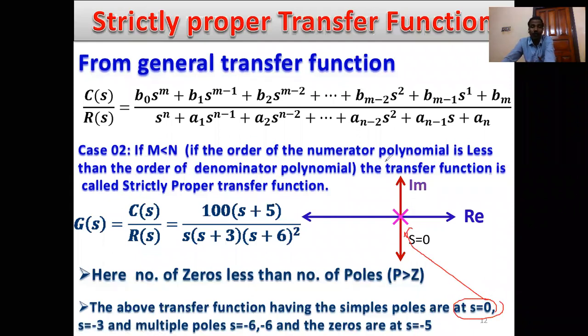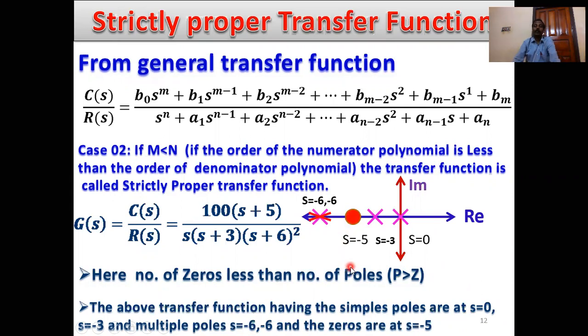Next, another pole at s equal to minus 3 and multiple poles at s equal to minus 6: one pole at s equal to minus 6, another pole at s equal to minus 6. This is the pole-zero plot configuration. And one zero at s equal to minus 5.